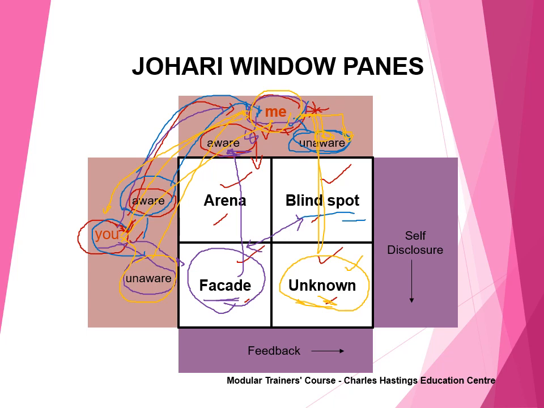Okay, so an organization must make sure that employees and managers inside their organization must be in arena situation. That is quite impossible because we always have the things that we don't know about ourselves, and there are some secrets that we want to keep to ourselves and we do not want to reveal to other people. Okay, so it is best that we maintain or we are in arena situation.